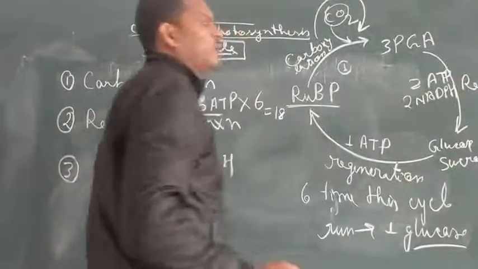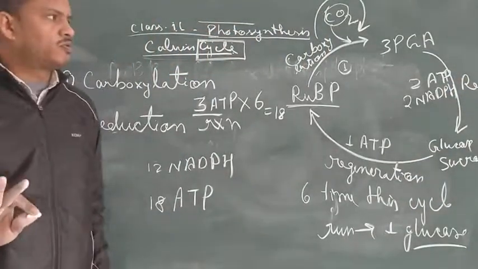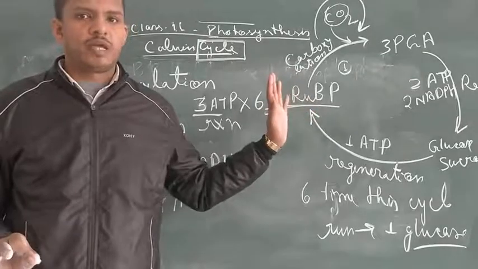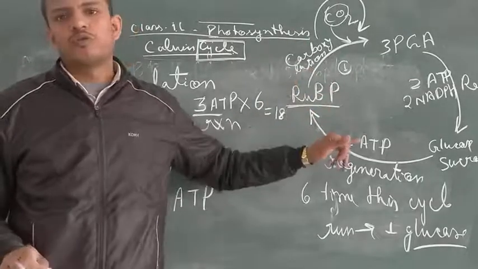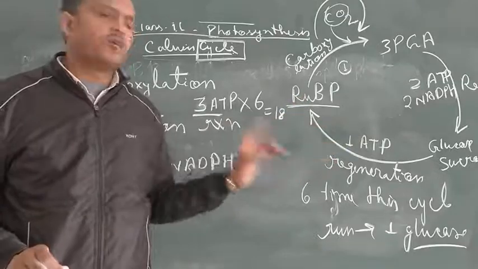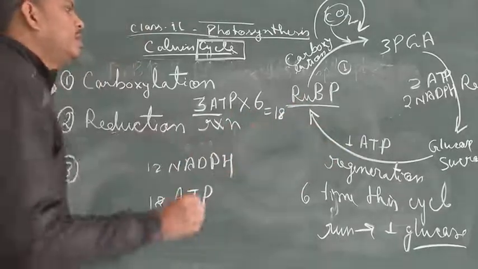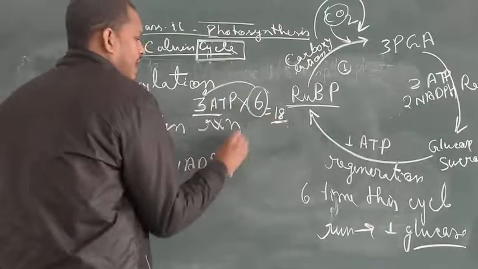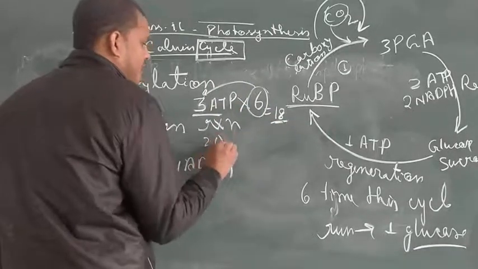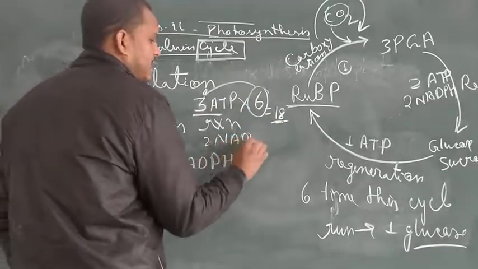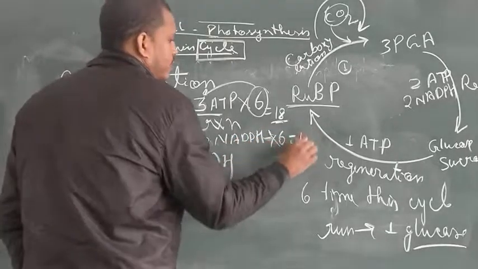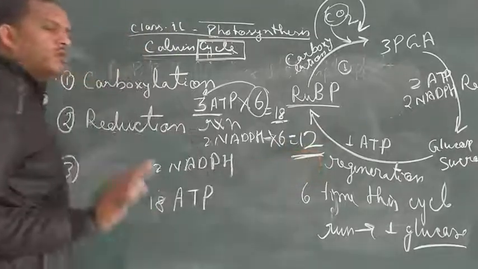How many? 2 NADPH energy molecules. So this cycle is going to run how many times? 6 times. 6 carbon dioxide molecules are going to be accepted by RUBP, then 1 glucose is formed. So simply 6 cycles into 3 ATP become 18, and your 2 NADPH into 6 equal to 12.